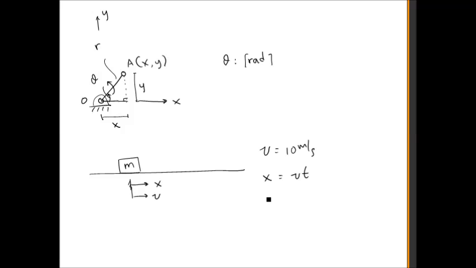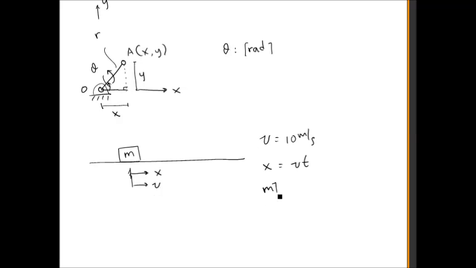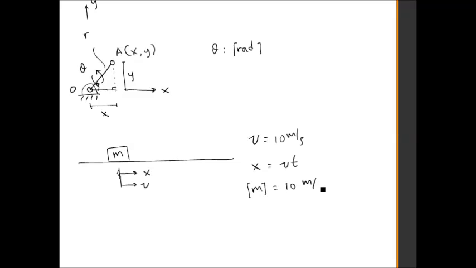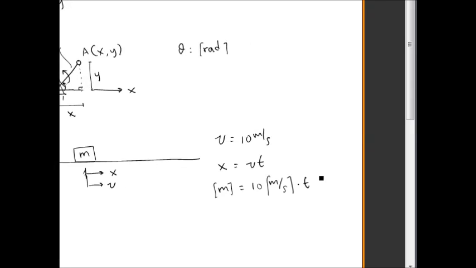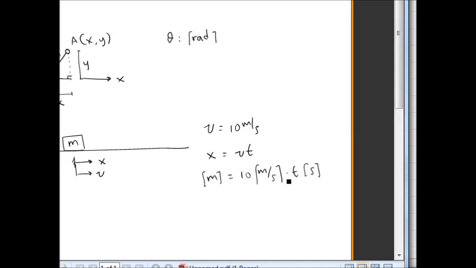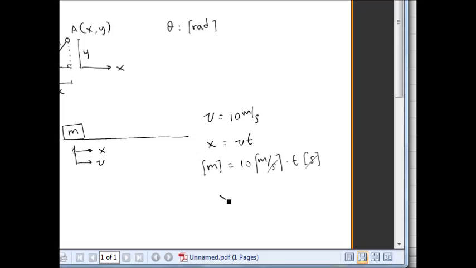And the units of that, x we would expect to be in meters. The units of velocity, meters per second. The units of time are seconds, and if we cancel off those units, we do end up getting x, in this case, equal to 10t meters.